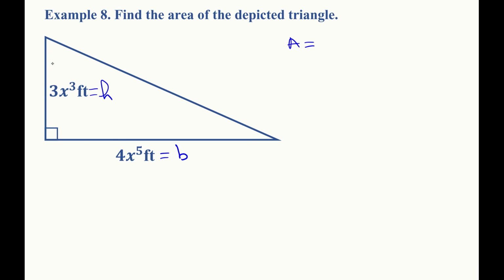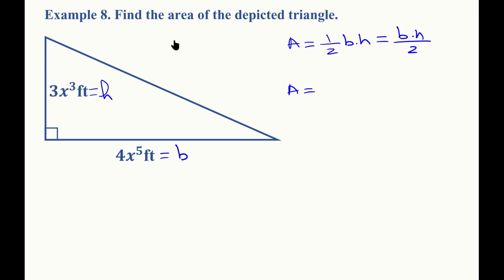We know that the area of a triangle is 1/2 base times height, okay? And notice that you can also write this as base times height divided by 2. Sometimes this is a more efficient format to use. In fact, I'm going to use that format here. So I'm going to get A equals, for B, I'm going to plug in 4x to the 5.